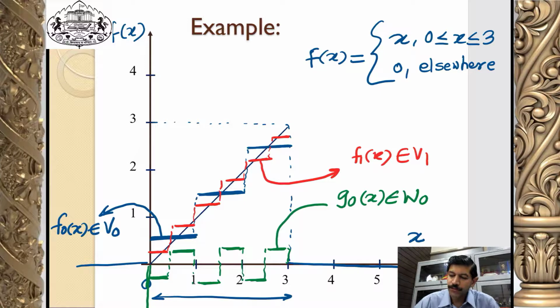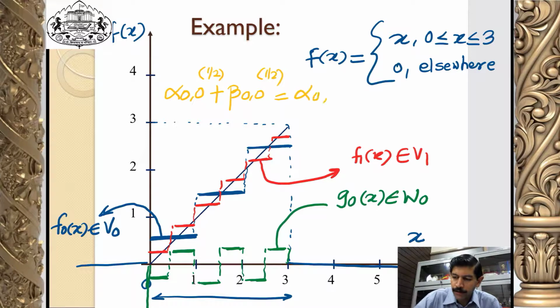So for 0 to half, if we look at alpha 0 0, which is this blue colored line, and if we look at beta 0 0, the first half, which is this green line over here, then you will realize that alpha 0 0 the first half plus beta 0 0 the first half gives me alpha 1 0.